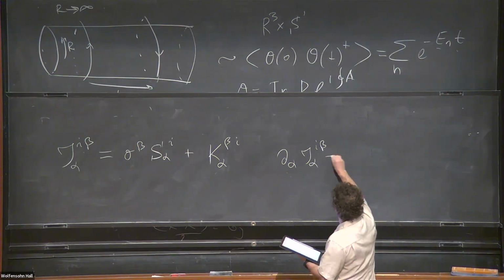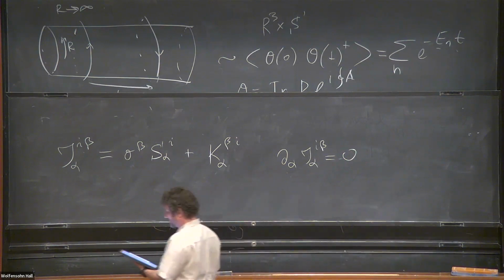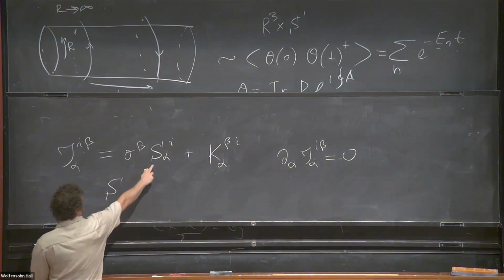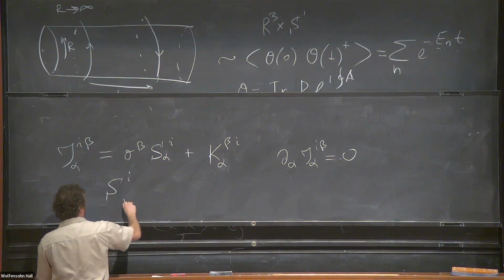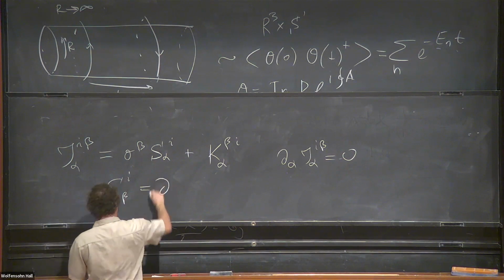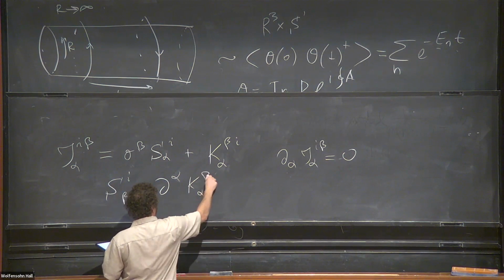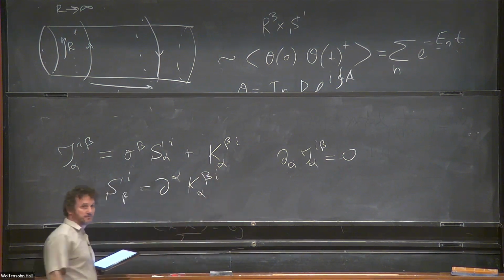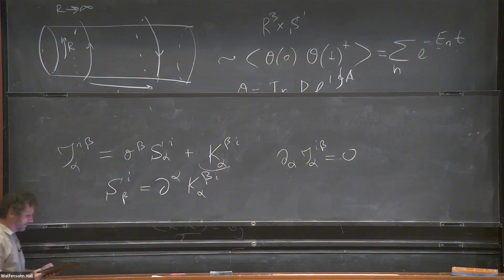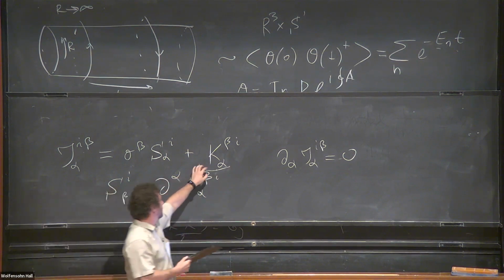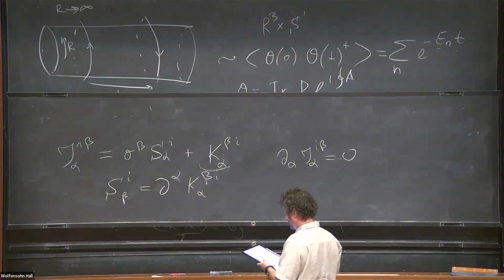And from saying that this is equal to 0, one learns that when the derivative hits S, it will be 0 because the shift current is conserved. One learns that the shift current itself is a derivative of that part, of this additional part of the boost current.